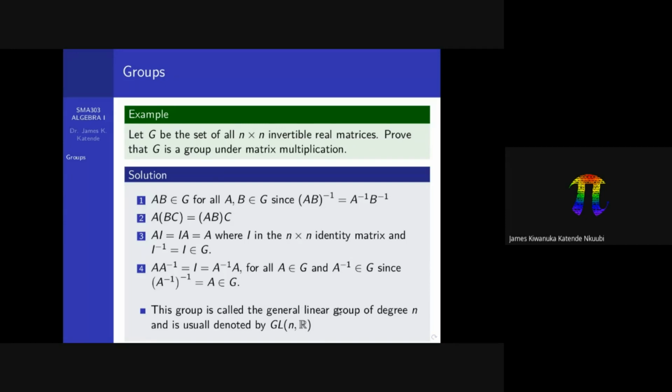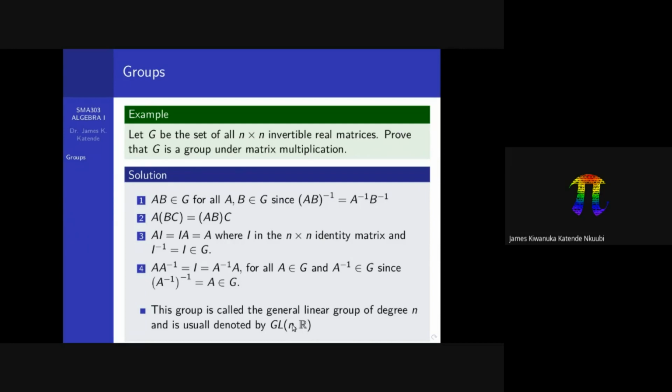It has a special name, and it's normally called the general linear group of degree n. N is determined by the size of the matrix. And we write it as GL, and then in brackets n, comma, the real numbers. So this R simply means the entries in the matrices are real numbers.